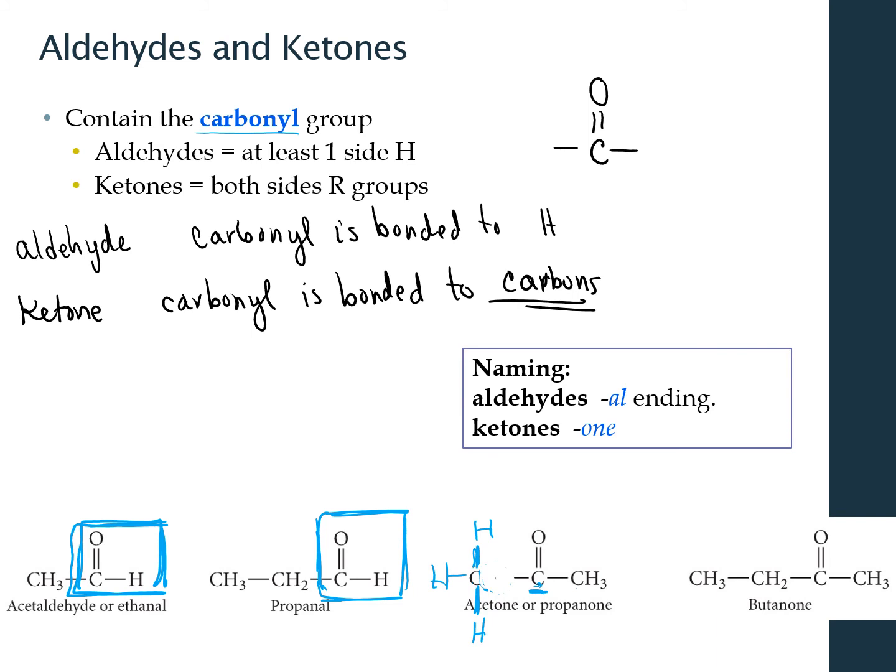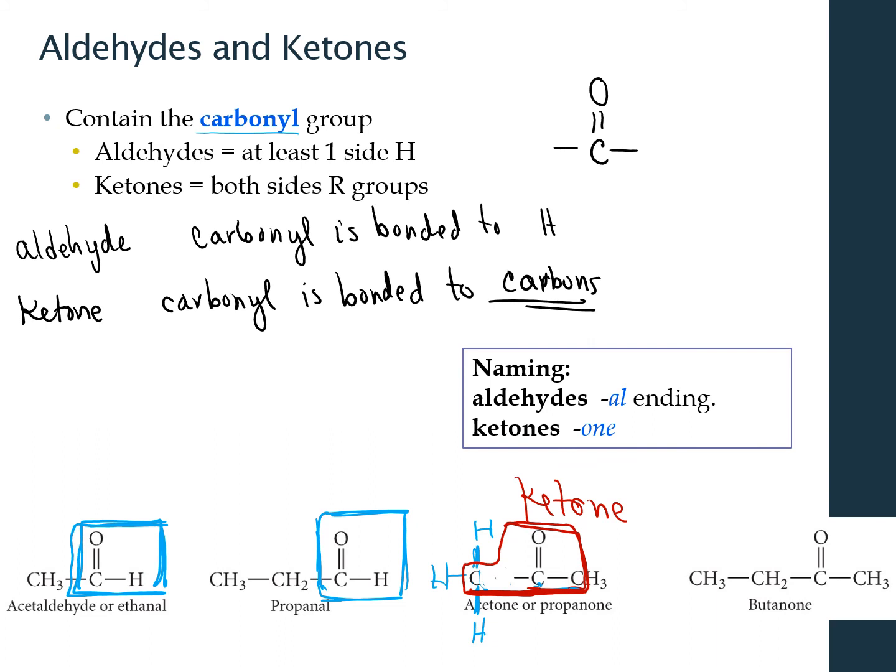So your carbonyl in this structure is bonded to a carbon right here and another carbon right there. So you can see that the carbonyl is bonded to carbons, and you have that when your functional group is a ketone.